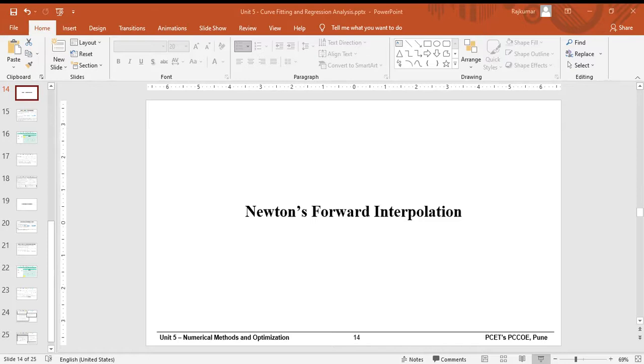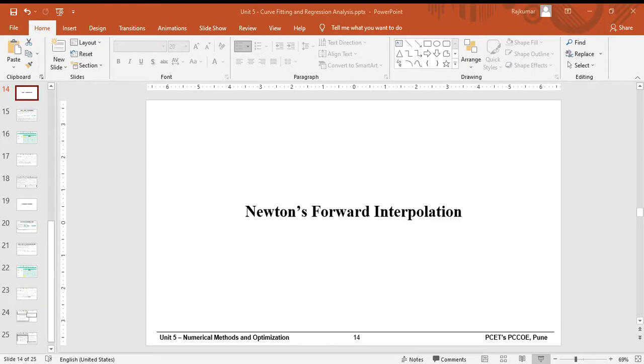It means that when you are asked to find out the value of y for a given value of x, and if this value of x is very close to the initial values, that is close to x naught, x1, x2, so if such a type of numerical is asked, you need to use Newton's forward interpolation method.